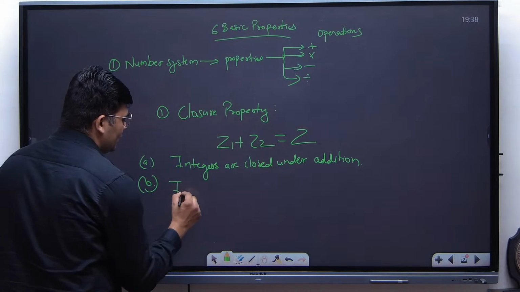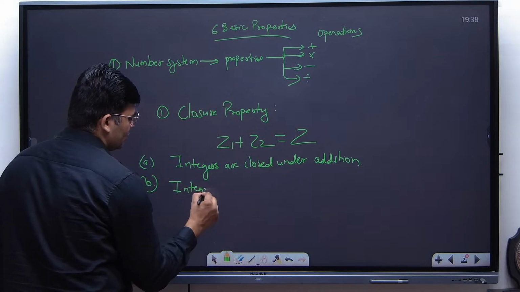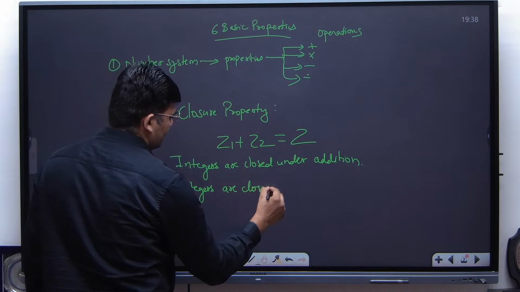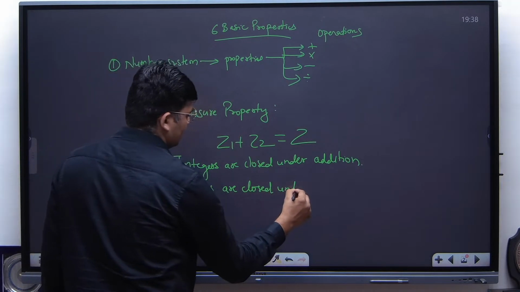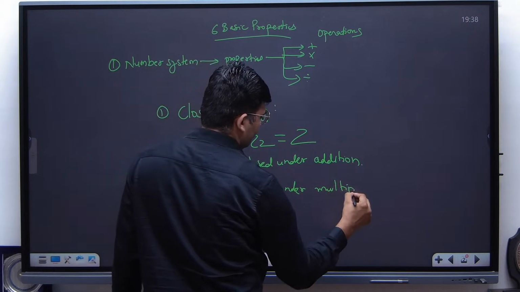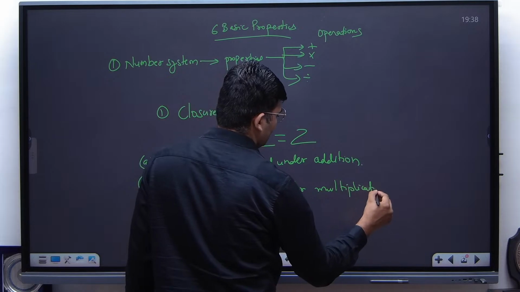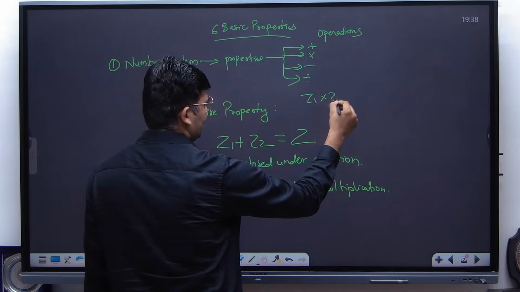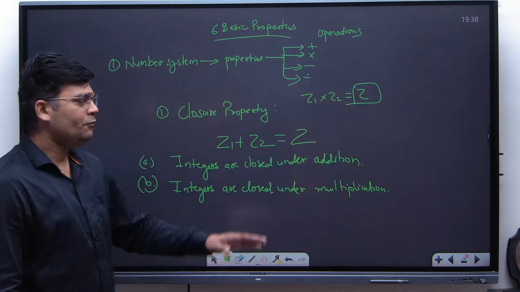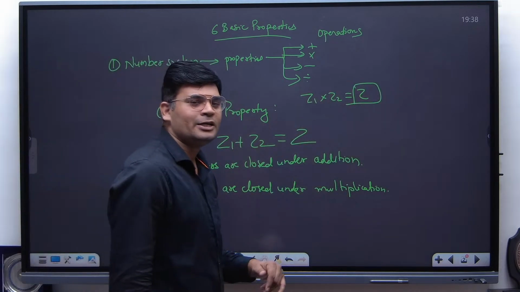So we will say integers are closed under multiplication. So however you change z2, you will always get an integer only. If you don't get it, tell me a counterexample.